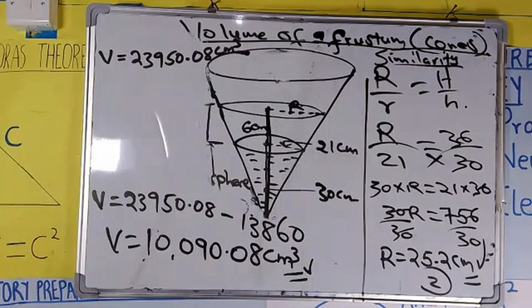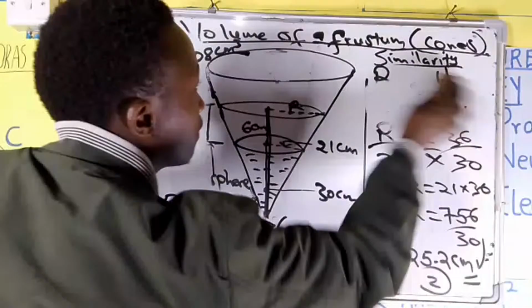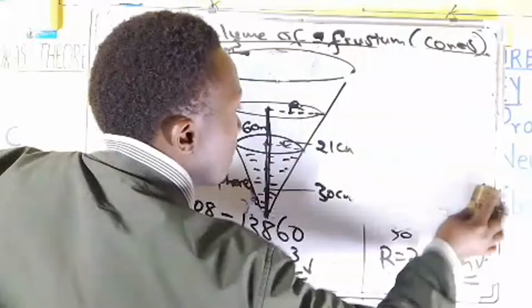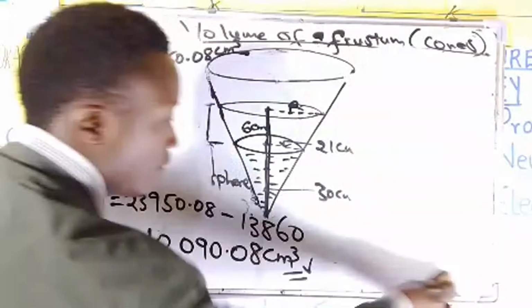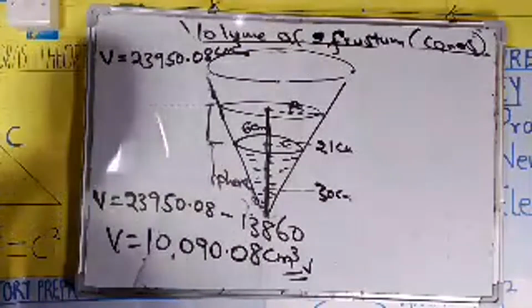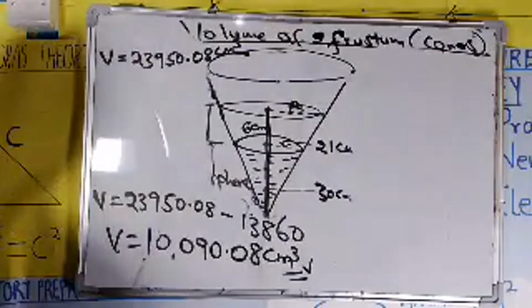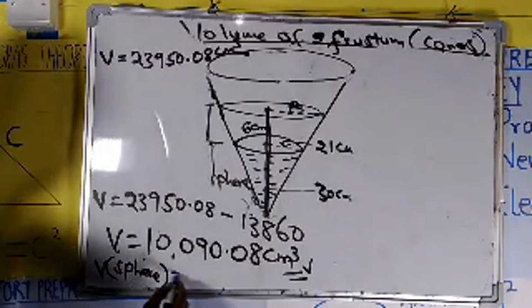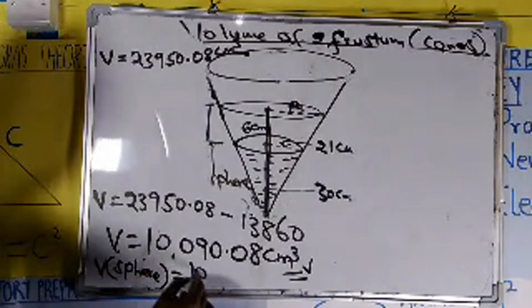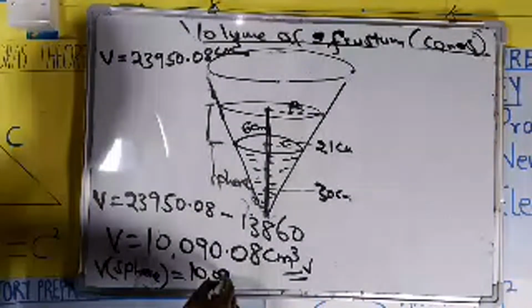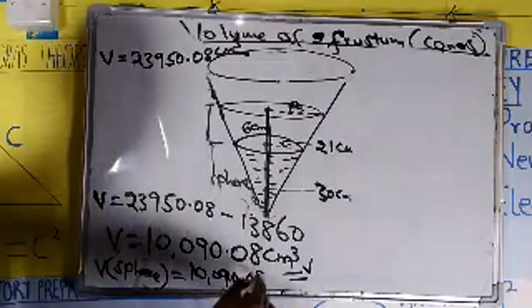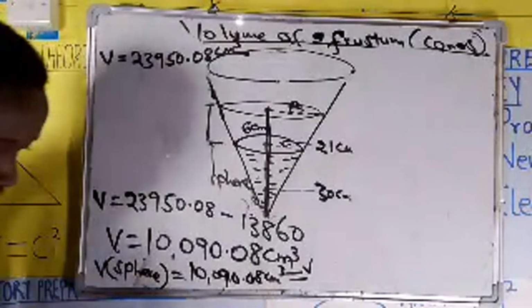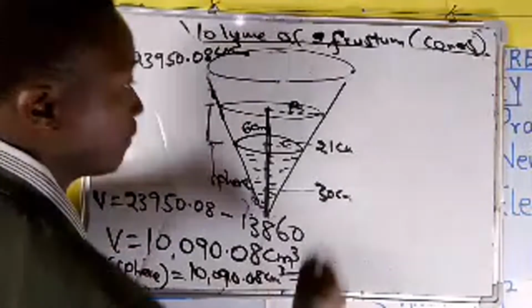I want us to continue. So this one is the volume of the sphere. The volume of the sphere is equal to 10,090.08 centimeters cubic.